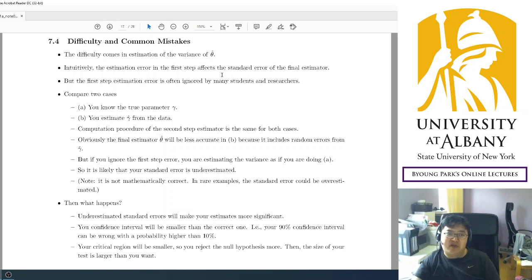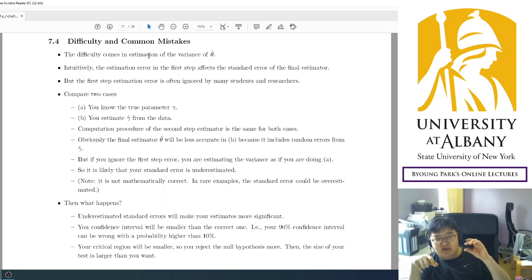So the important intuition here is that when you estimate the first stage, the result of the first stage estimation has its own estimation error, right? Obviously, there must be estimation error in the first stage estimation.